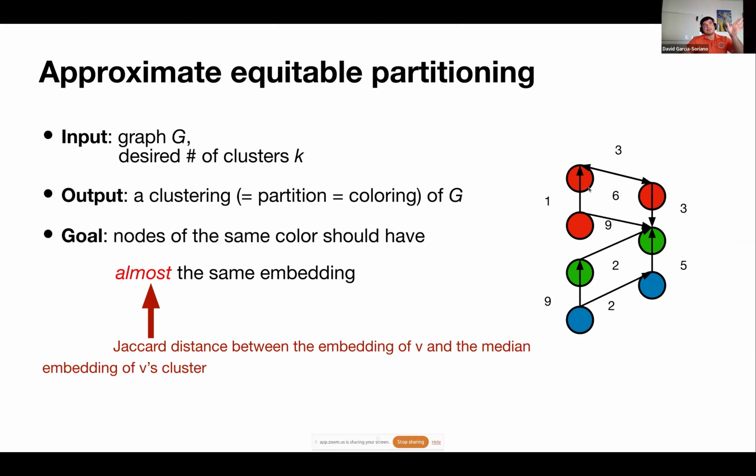I can look at the embeddings of these 3 vertices and compute some kind of average. And then I can see how far the embedding of this vertex is to the average of the whole cluster. If it's very close, then it means that it belongs to the right cluster somehow. If it's very different, then probably this vertex should be clustered in some other way.